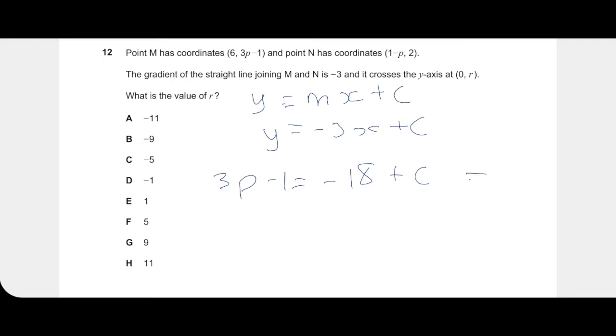So I'm going to call this equation number 1 for convenience sake. And now I'm going to do the equation for the coordinates at point N. So I'm going to do the simplifying again. So 5 is equal to, no.